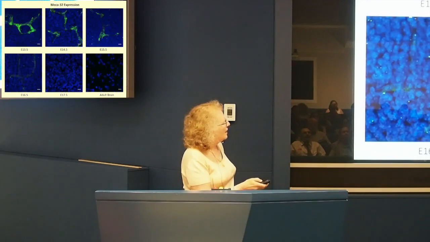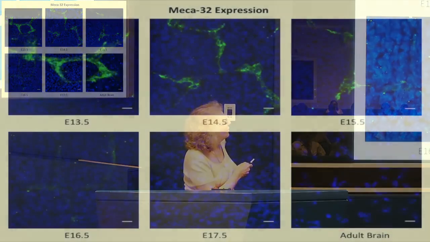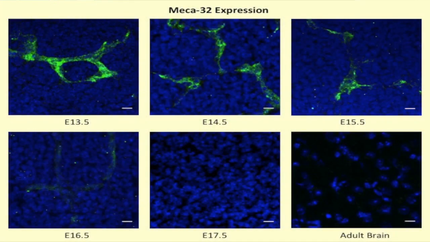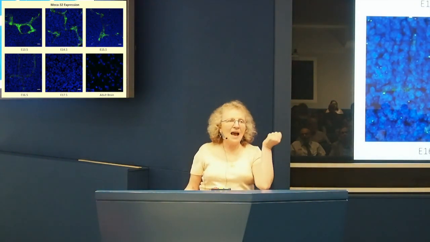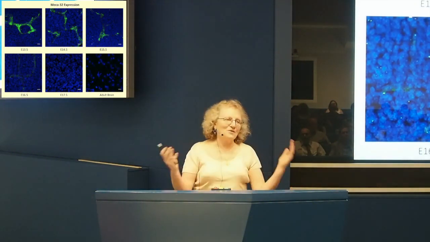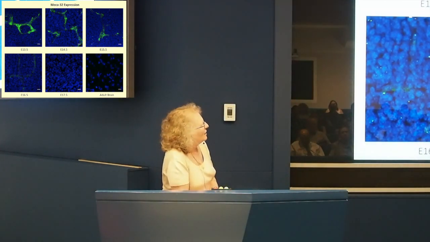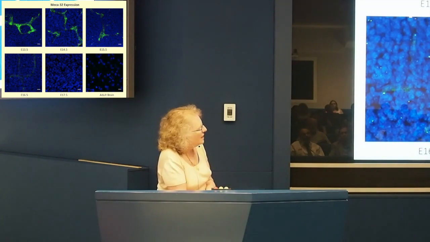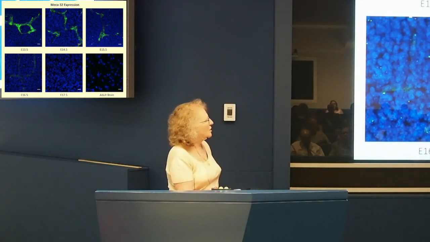The generation of blood-brain barrier competence is more seen by MECA-32 expression, which is not present in an adult blood-brain barrier, comes back with brain injury, goes away with repair of the blood-brain barrier, and you can see that it mirrors the antibody penetration of the brain.